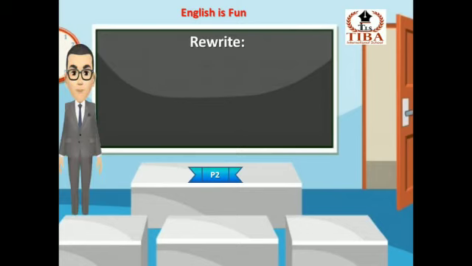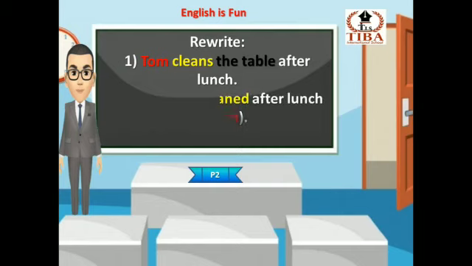1. Tom cleans the table after lunch. Here we have the subject, Tom, in the red color, the verb cleans in the yellow color in the present simple form, and the object of the sentence in the black color, which is the word the table. Here, when we change it into the passive form, we start with the object or the singular object, the table.